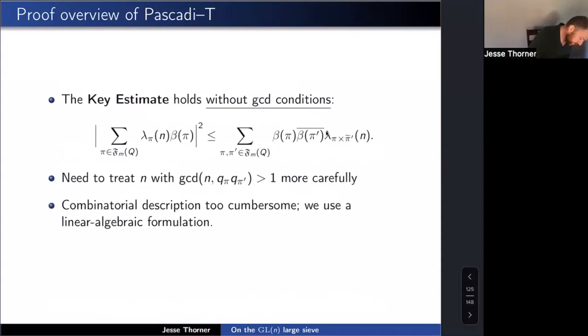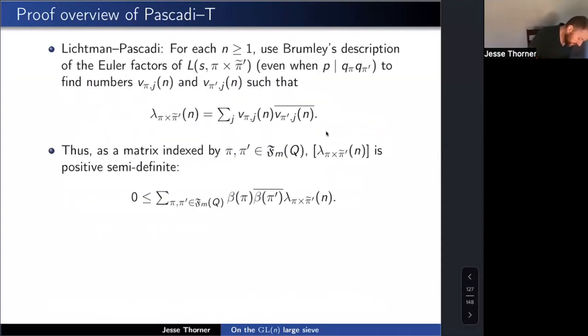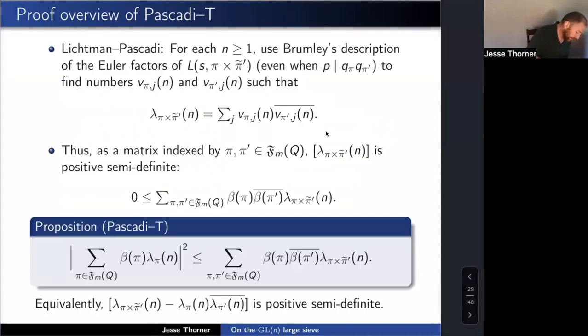In order to establish this without any sort of GCD condition, we established that for a given n, the matrix in pi and pi prime varying in our family, the matrix that arises from these numbers here, forms a positive semi-definite matrix.